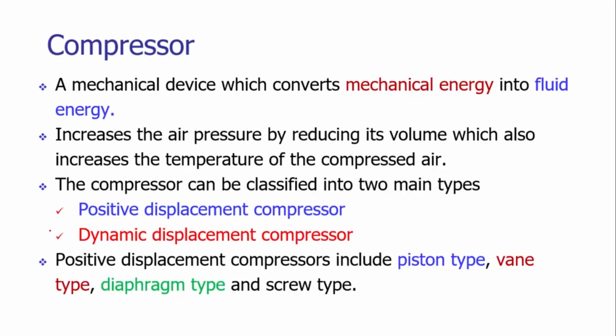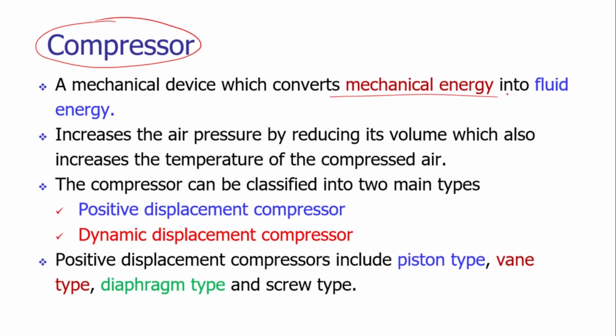Then we have an important element of the pneumatic system, that is the compressor. A compressor is a mechanical device which converts mechanical energy into fluid energy. We are applying the mechanical energy on the gas or air, and that applied energy is converted into fluid energy.